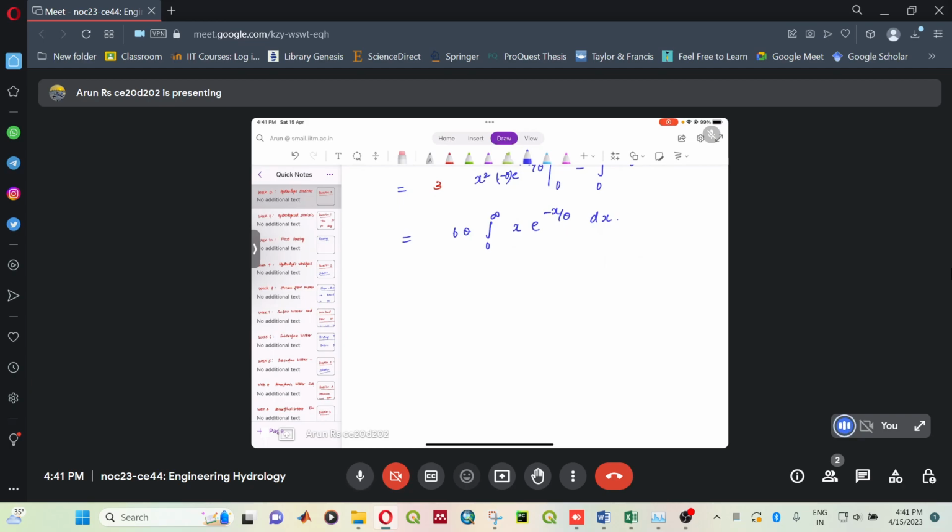So again for the last part we can apply the integral by parts. So that will be u is taken as x and this will be e power minus x by theta, uv minus integral of v du, which will be dx.